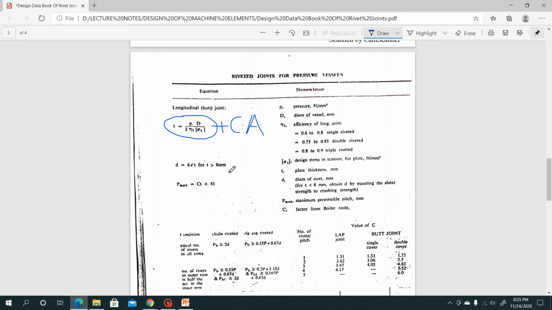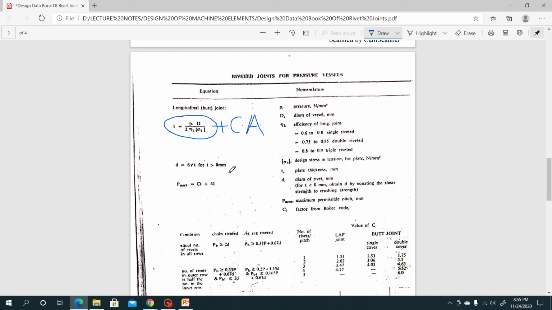I repeat, the thickness of the boiler shell plate will be P into D divided by 2 eta L into sigma T plus corrosion allowance, denoted by symbol Ca. What is this corrosion allowance? It is the additional metal thickness required to withstand the internal pressure of the steam.